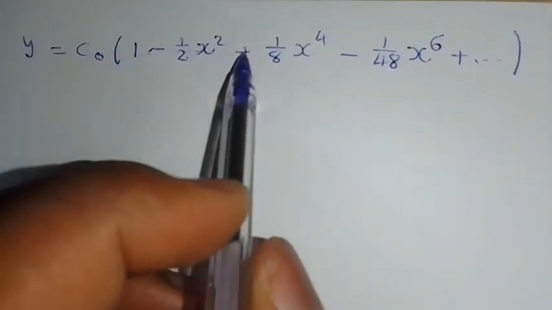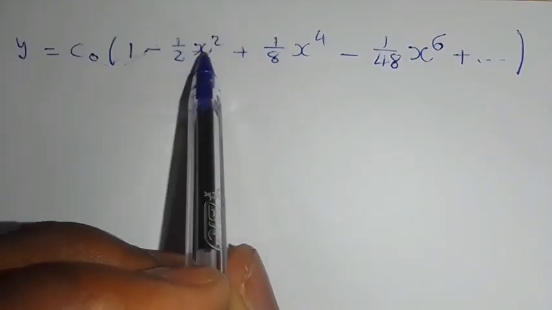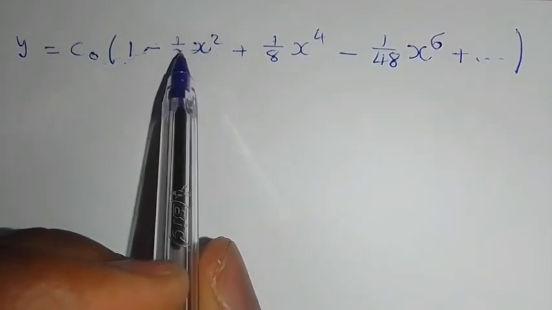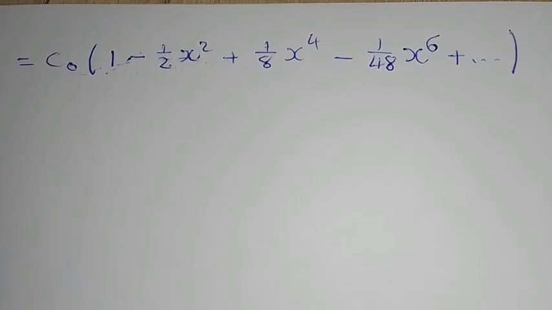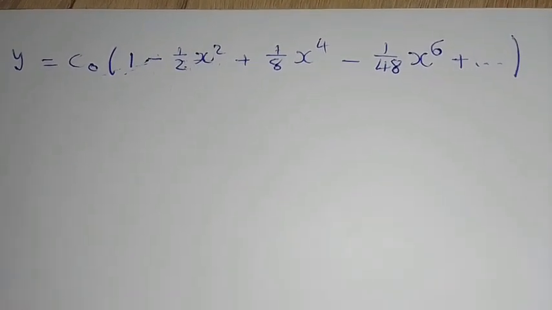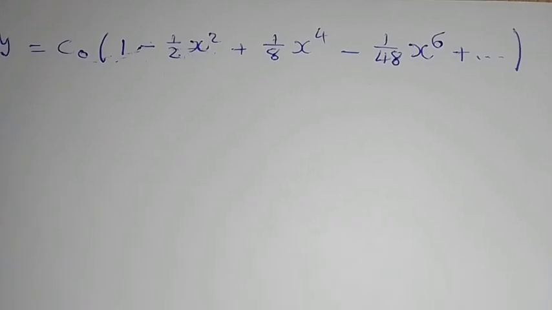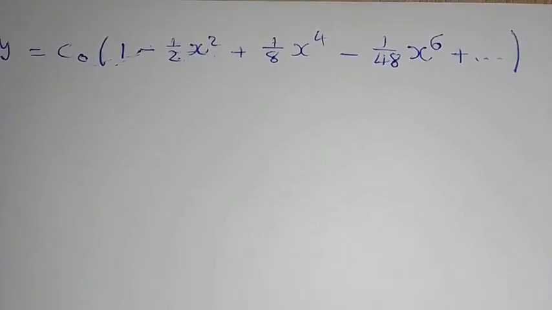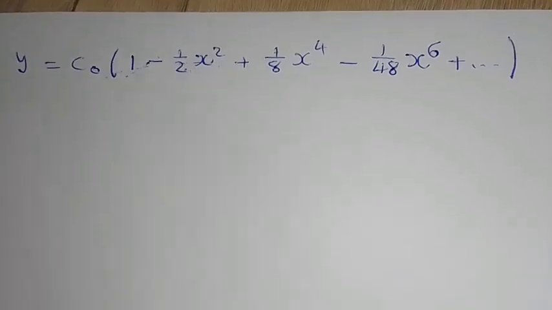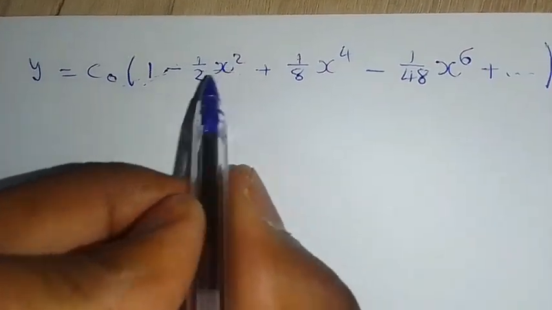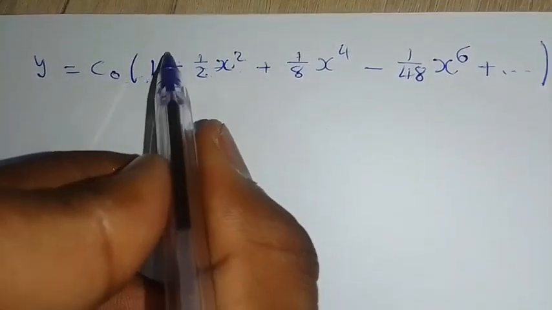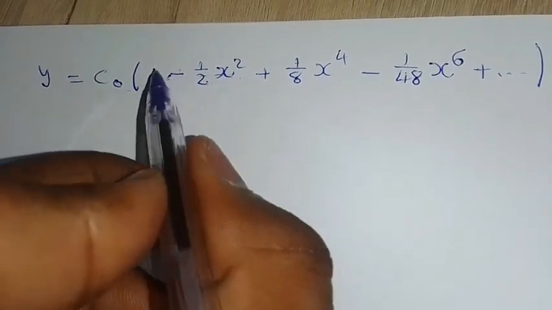Okay, let's look at this pattern. Let's do it like this. If you start this one at x equals 0, you have x to the power of 0, which is 1, which is fine.